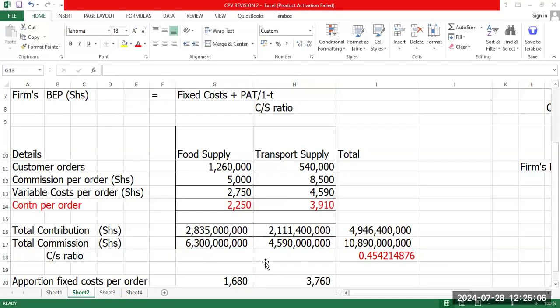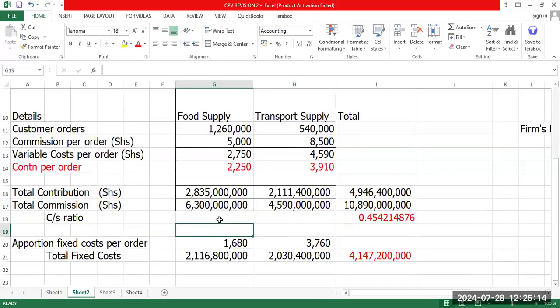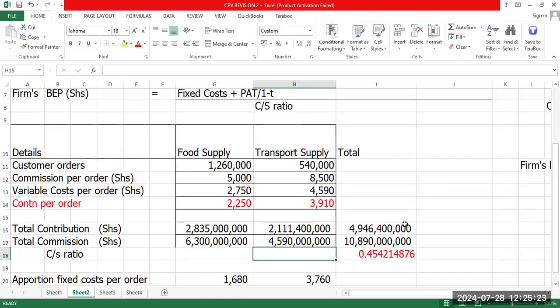That's why I had to remove those things to avoid the confusion. But with total weighted average contribution per order, you add what you have here plus what you have here, then you get the total. Kindly note the difference.